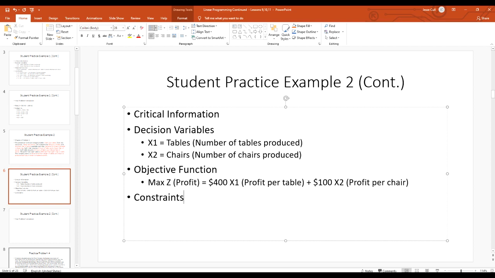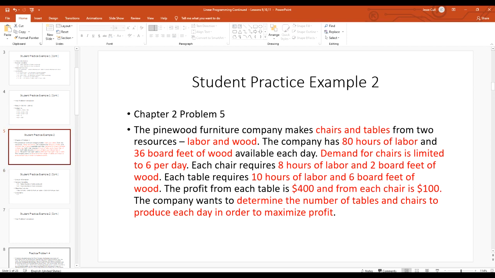Before we can do that, we have to go into our constraints. And C1, our first constraint, as we see here, is a limited amount of labor. We have 80 hours of labor. Chair is 8 hours of labor. Table is 10 hours of labor.